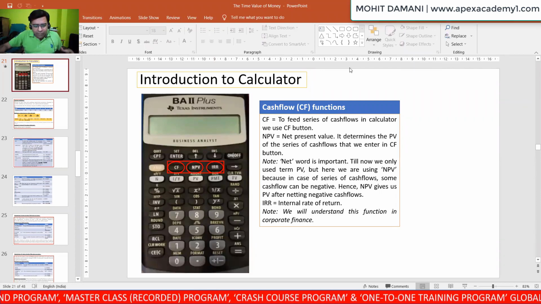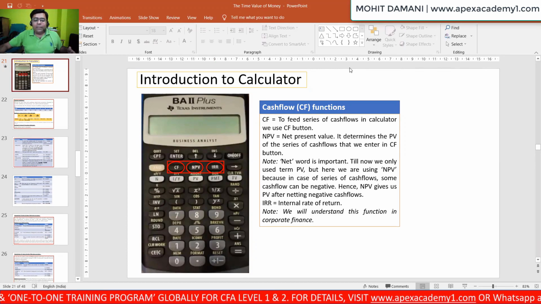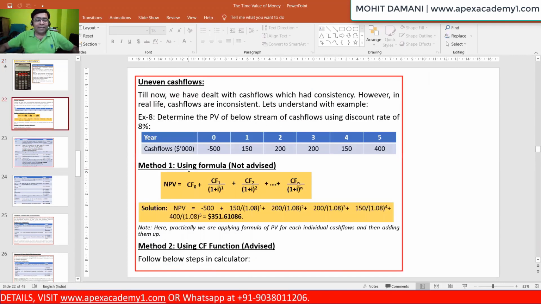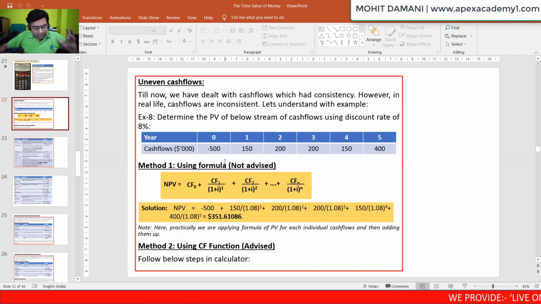Sir, if there are multiple unequal cash flows, we would like to find FV. Yes, thank you for taking that point. That is what my point is. Uneven cash flows. So the CF function comes into play when you are using uneven cash flows. Whatever cash flows we have entered till now, there was a tone, a rhythm in those cash flows.